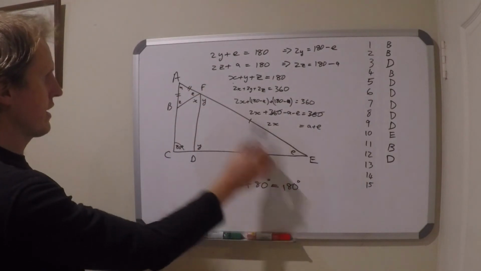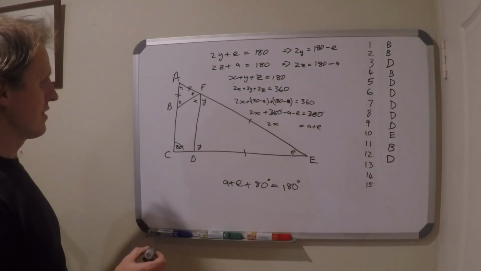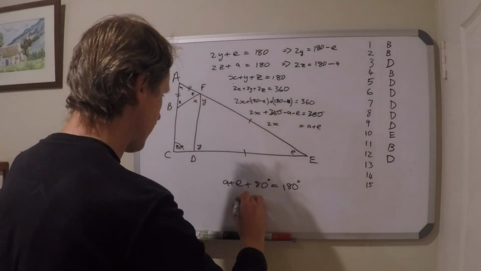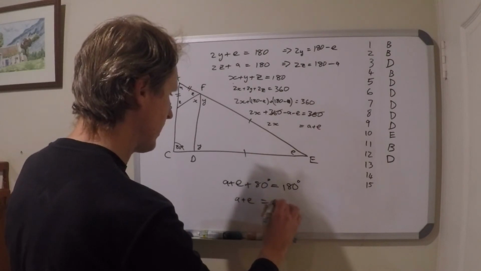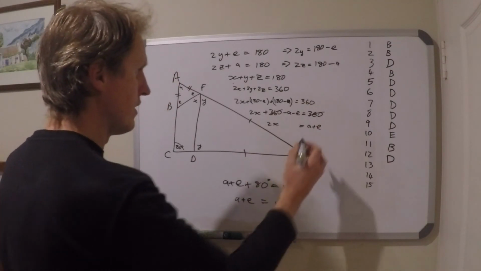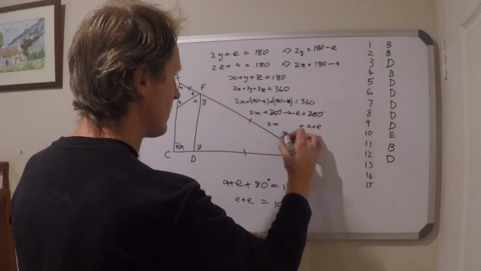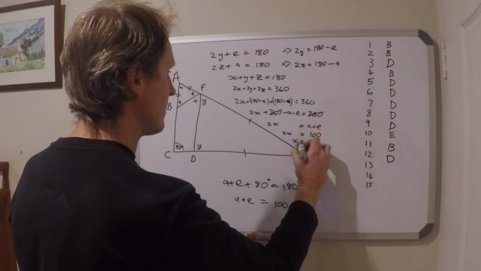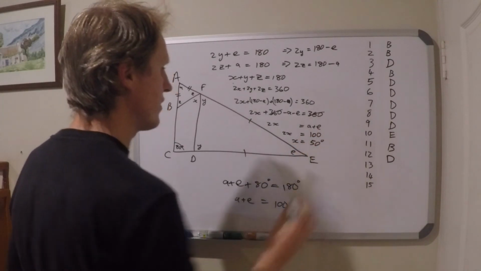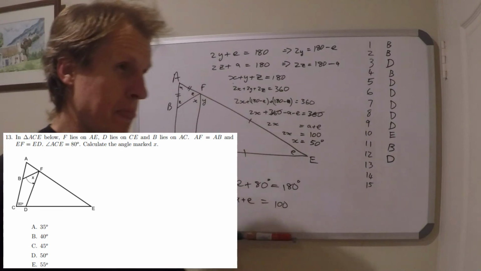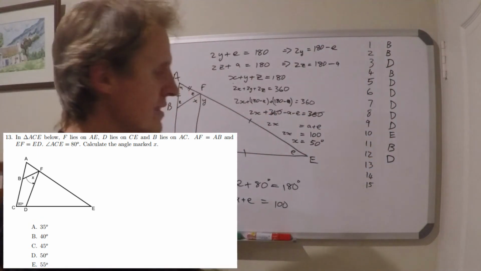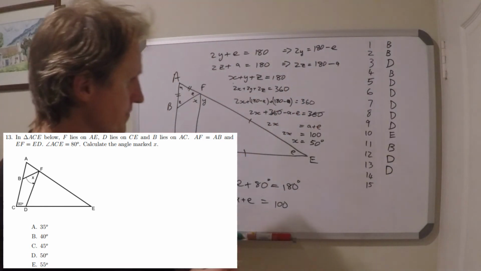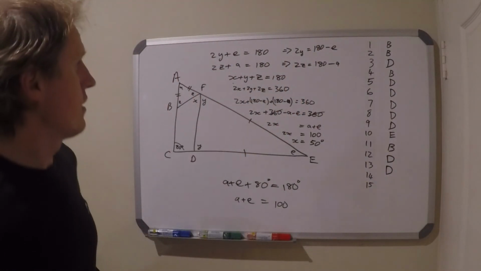Again, this is looking at the sum of angles in a triangle, but this is now the big outer triangle. So A plus E is equal to 100. So 2x is equal to 100, and therefore x is equal to 50 degrees. And 50 degrees is the answer D.